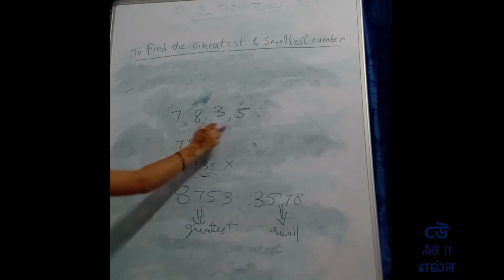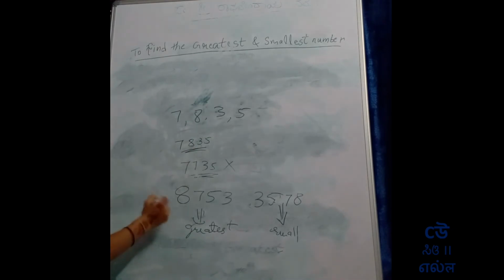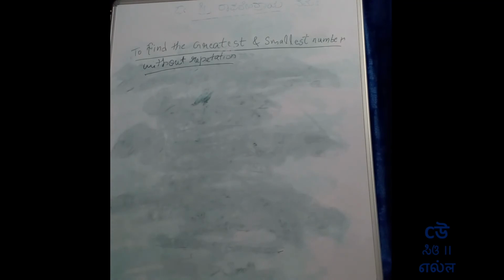That is, they have given these 4 digits, and we found out how to write the greatest and smallest number from these digits. Without what condition? Without the repetition of numbers. Okay, children. Next, we'll solve a few more problems to find the greatest and smallest 4 digit numbers without the repetition.